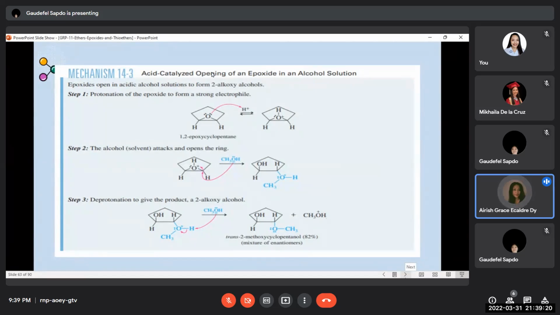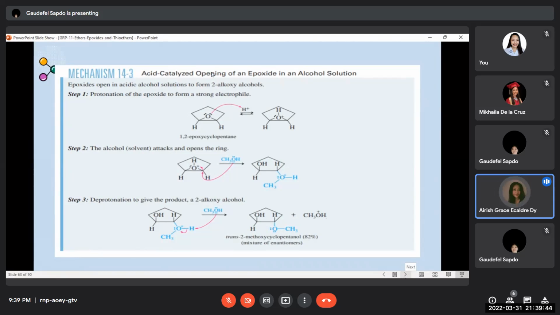The H plus is the acid, and the lone pairs will attack the acid, and that will form a bond here with the H, making the oxygen positive.